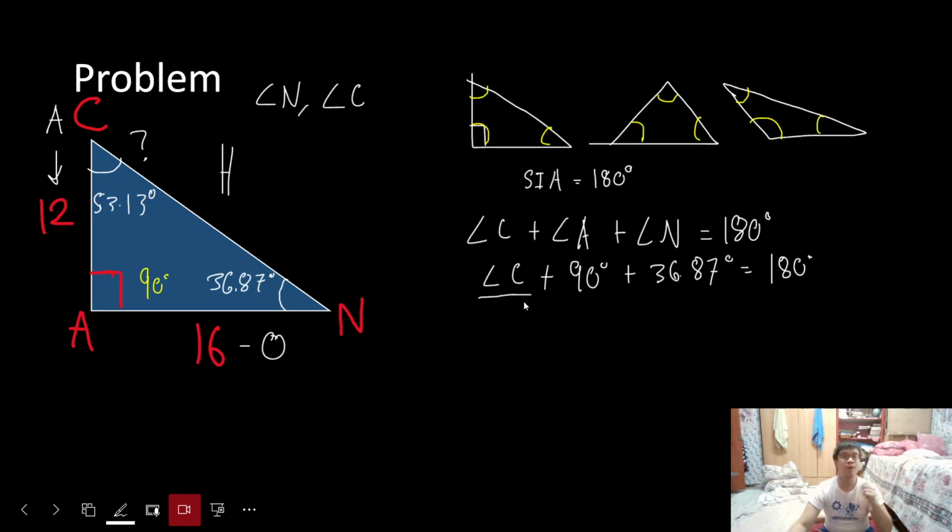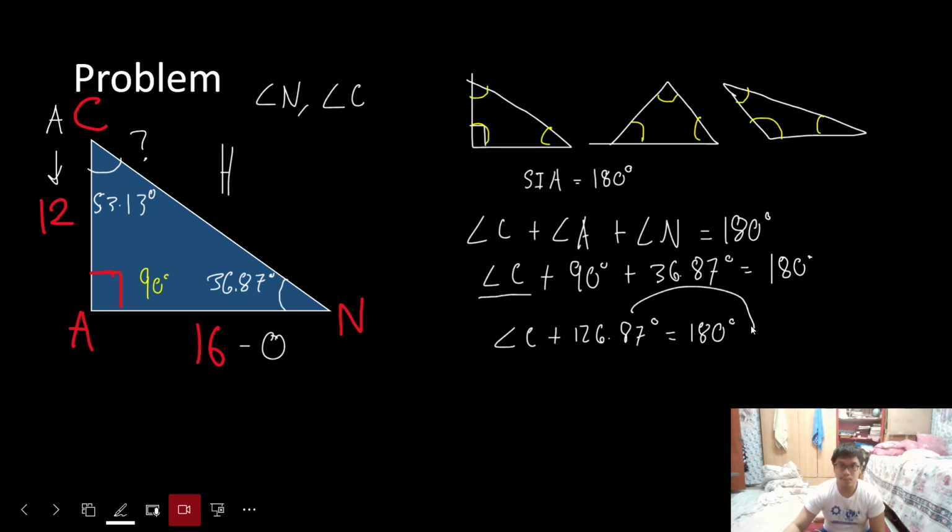So with that, we can find the missing angle by applying what we learned in geometry. Let's find angle C in this equation. First, let's add 90 and 36.87. So 90 plus 36.87 will give you 126.87 degrees. Angle C plus 126.87 degrees is equal to 180 degrees.